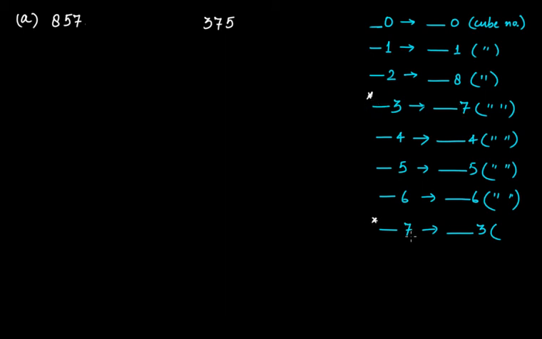If a number ends in 7, then its cube will end in 3. It means that if the cube number ends in 3, then its cube root ends in 7. And exactly the reverse of 2 to 8, we make the relation 8 to 2. That is, if your cube number ends in 2, then the cube root will end in 8.